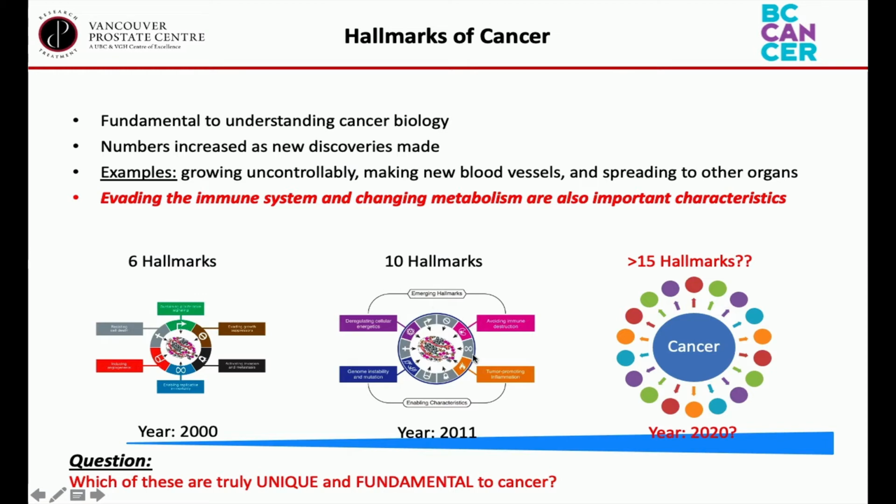I asked the students in the lab what the number would be in 2020, if they could come up with another updated hallmarks of cancer review article. We were convinced the number could be more than 15 or 20.